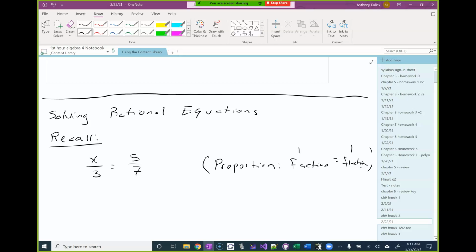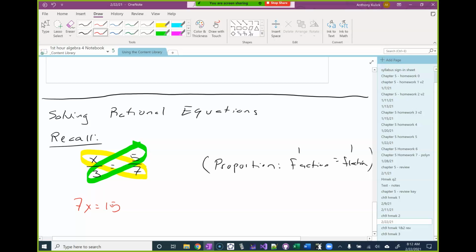Do you remember how you solved a proportion last year in your geometry course? So this is where we cross multiply. Cross multiplication is a solving technique. It's not a multiplication technique.